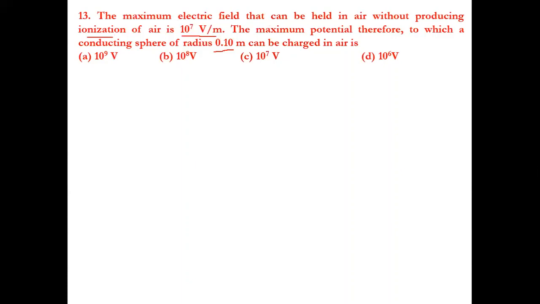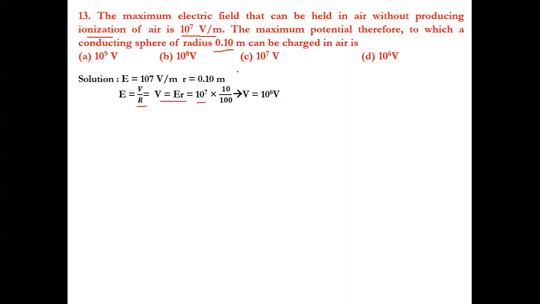Now, for a sphere of radius 0.1 meter, E is equal to 10 to the power of 7 volt per meter, R is equal to 0.1 meter, then you can directly calculate it. E is equal to V by R, that is the formula. So V is equal to E into R. E is 10 to the power of 7, R is 0.1 meter, that is 1 by 100.